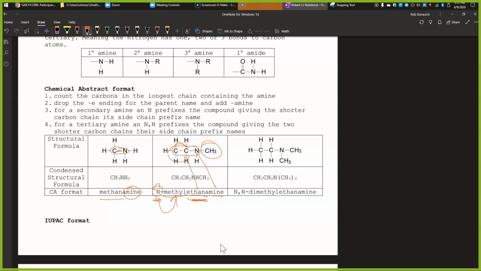And then my last one down here is still an ethane amine, so I'm just going to change out this hydrogen for another methyl group. So I've got ethane amine because it's a nitrogen attached to a carbon, and the longest chain is 2 carbons long. So there's my ethane, and then there's my amine. Well, what else is attached to the nitrogen? 2 methyl groups. So I say N,N-dimethyl ethane amine.